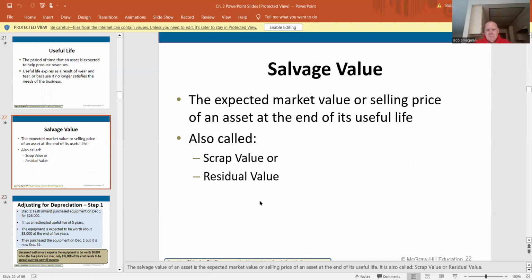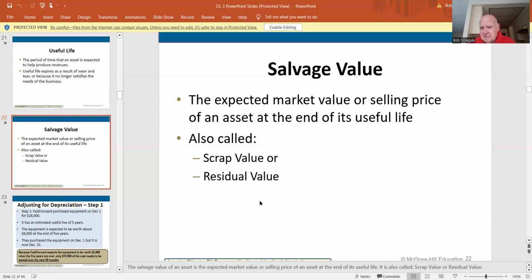Salvage value, right? Salvage value, residual value. That's what it's called, residual or salvage value. It's what we think the market value of an asset will be at the end of its useful life. We call it the scrap value, residual value. Remember that $100,000 car that I just babbled about? Well, we said to ourselves, when that car is beaten to heck after 5 years, we think somebody will give us $5,000.